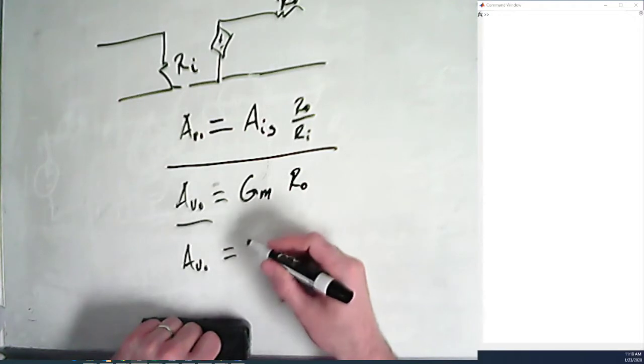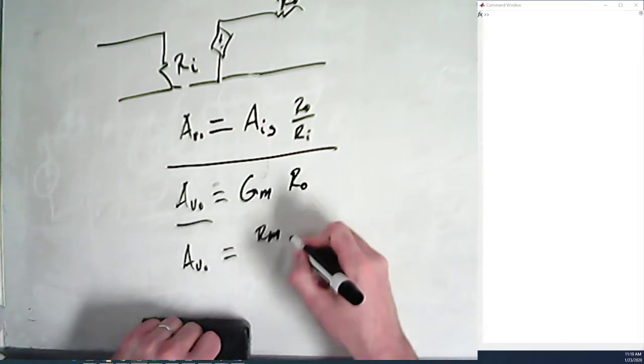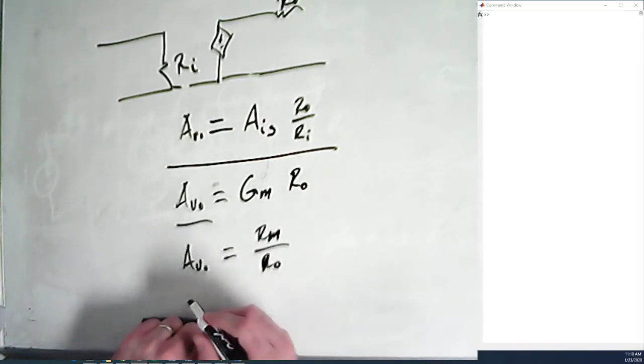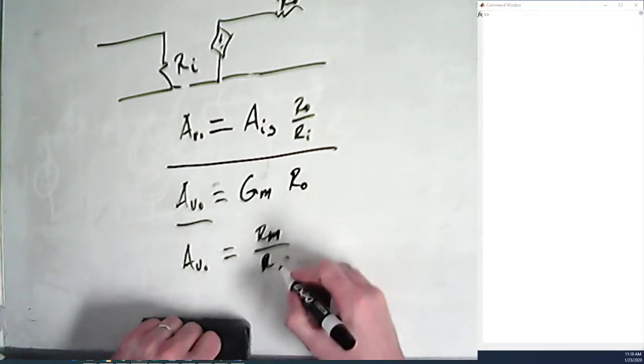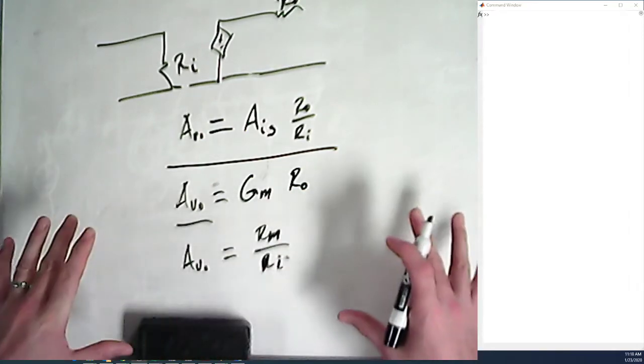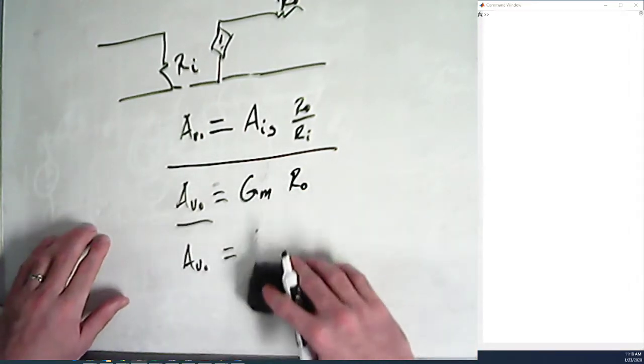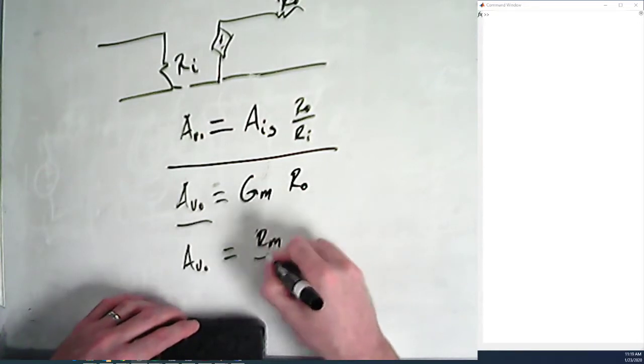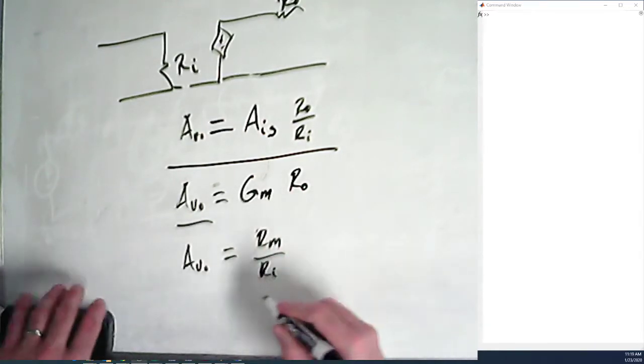AV0, we can also just do this, or R in for a transresistance amplifier, and we get this same thing. So let me see, R over the input resistance.